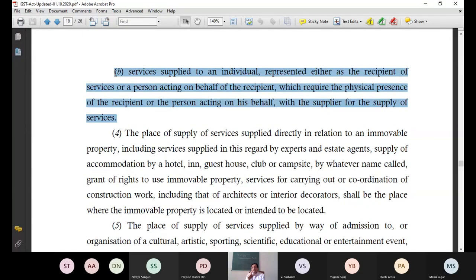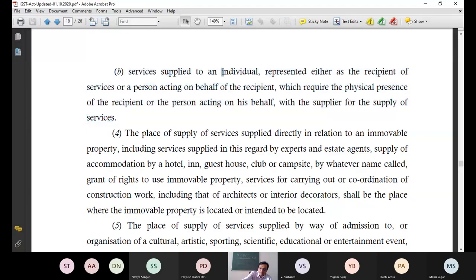In clause A, non-living items are there, non-living beings. No human being was covered in 13(3)(a). There were goods, and now 13(3)(b) talks about human beings, individuals. So services supplied to an individual represented either as the recipient, or a person acting on behalf of the recipient, which require the physical presence of this human being, of the individual or the person acting on his behalf with the supplier for the supply of service.